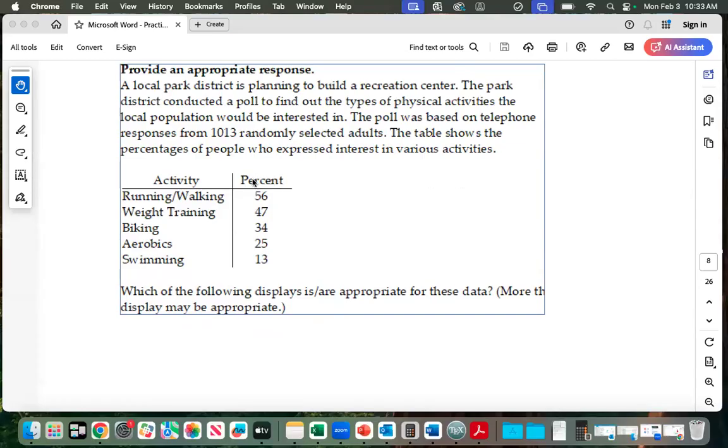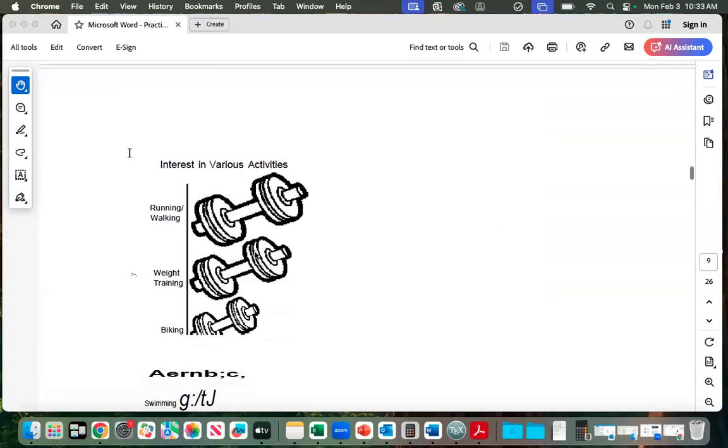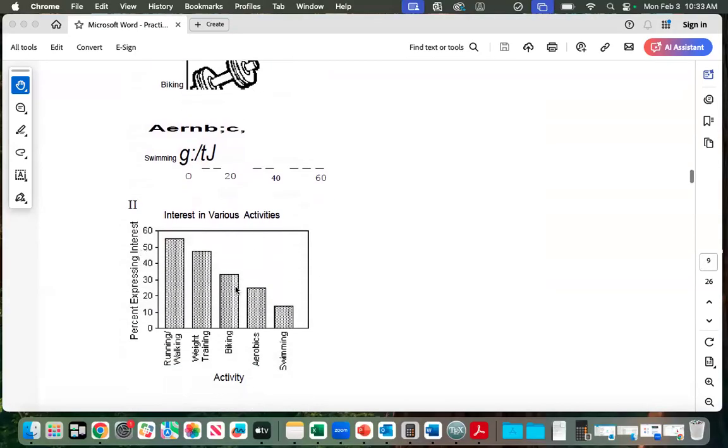So you have to verify that. This is percent. Is this 100? This is more than 100 because I could see this is 56 plus 47 plus these numbers here. This tells me that it exceeds 100, and so you cannot use the pie chart. Does that make sense? So that is why we use the bar graph. Any questions? Okay, let's proceed.